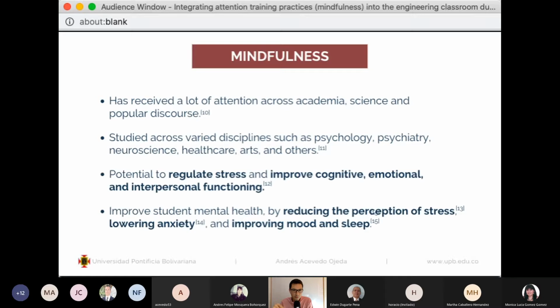Most of the mindfulness research has examined its potential to regulate stress and improve cognitive, emotional, and interpersonal functioning. Implementing mindfulness into academia can improve student mental health by reducing the perception of stress, lowering anxiety, and improving mood and sleep.